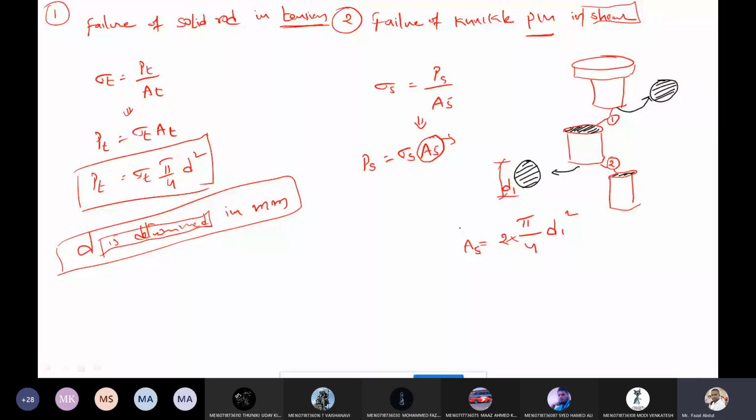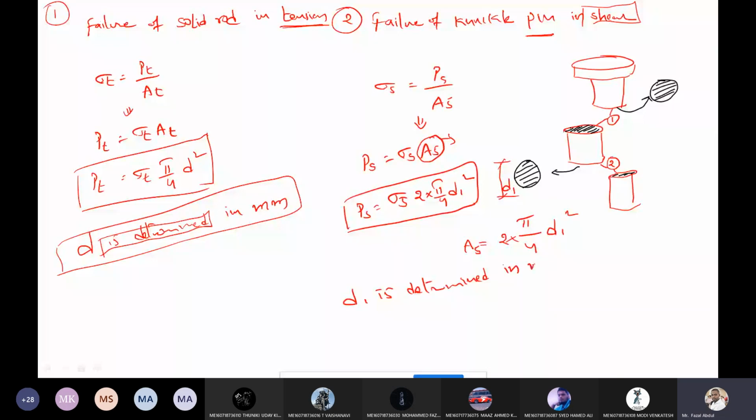So the equation becomes P_s equals sigma_s into 2 into pi by 4 into D1 square. With this equation, D1 is determined in mm.